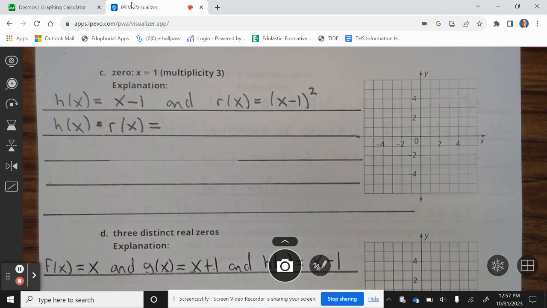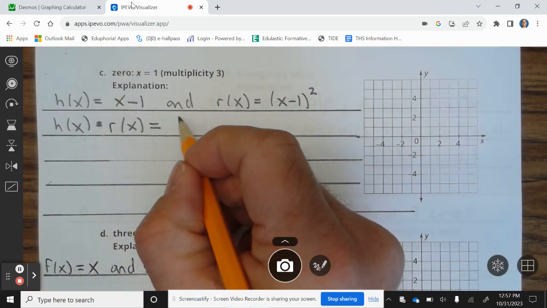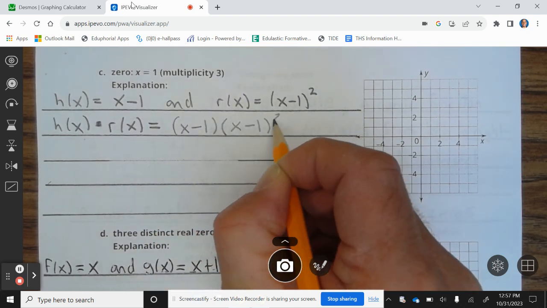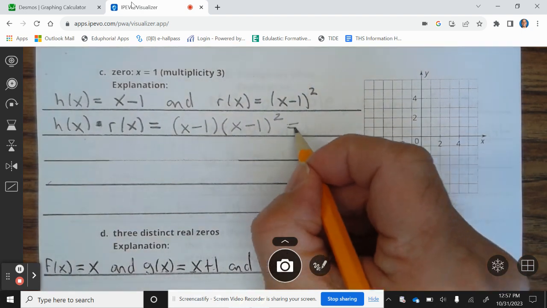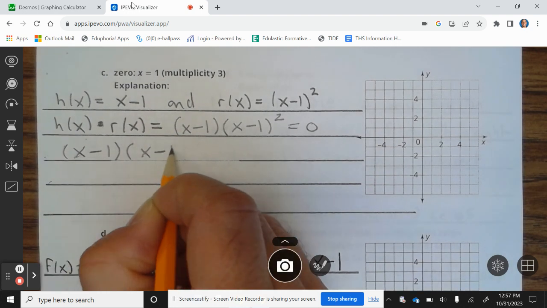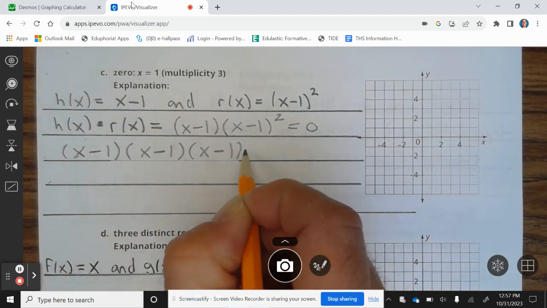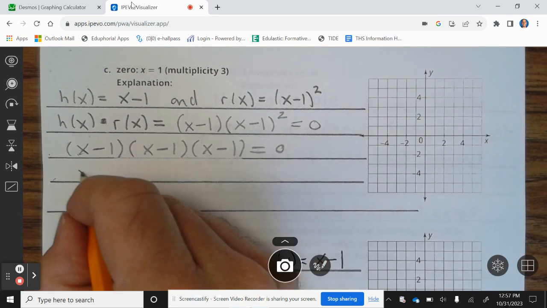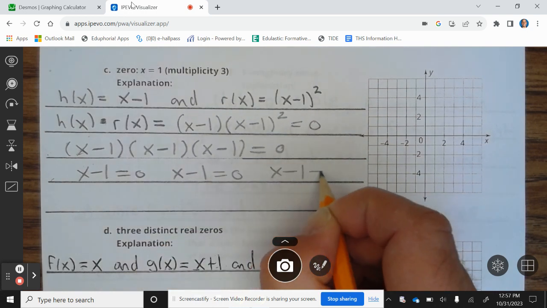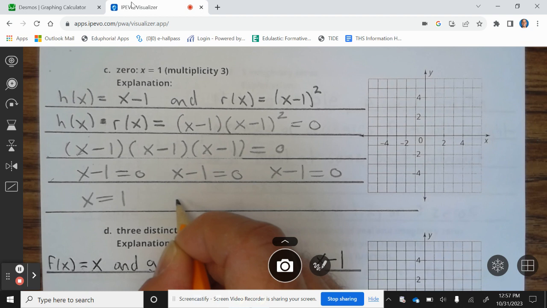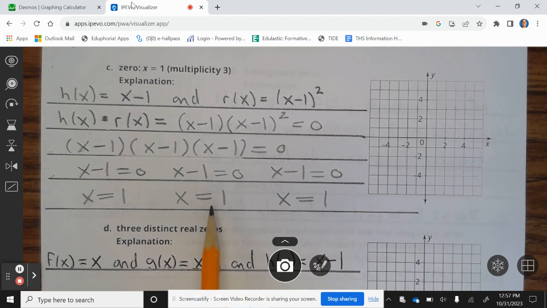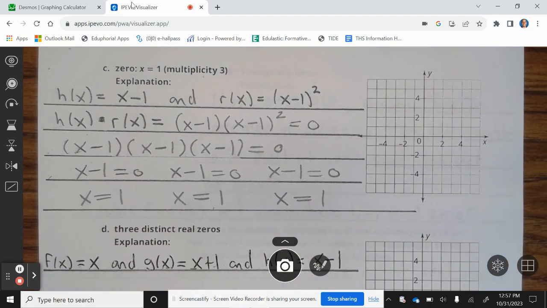If we have h of x times r of x, that's x minus 1 times x minus 1 squared equal to 0, which is x minus 1 times x minus 1 times x minus 1 equal to 0. So x equals 1, x equals 1, x equals 1. So you have 1 three times, thus the multiplicity of 3.